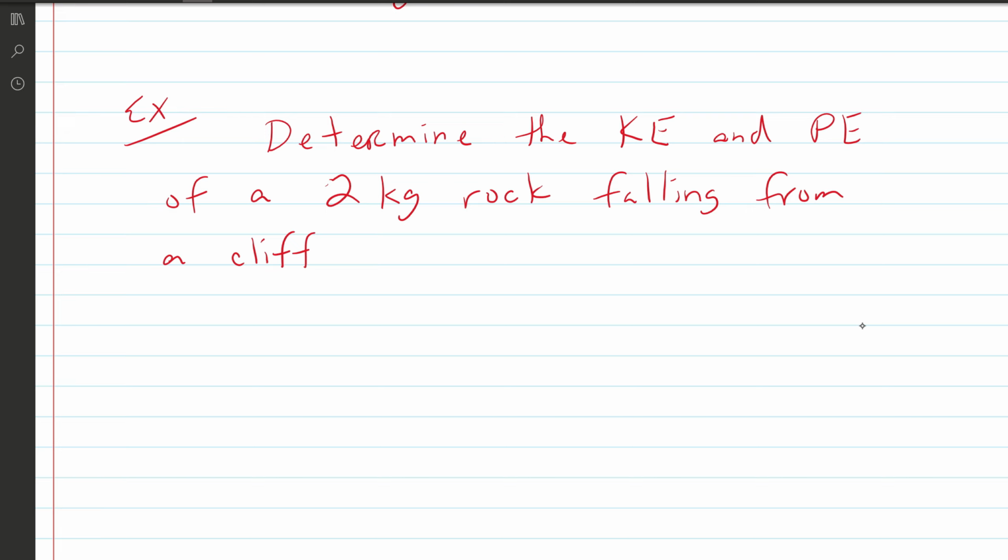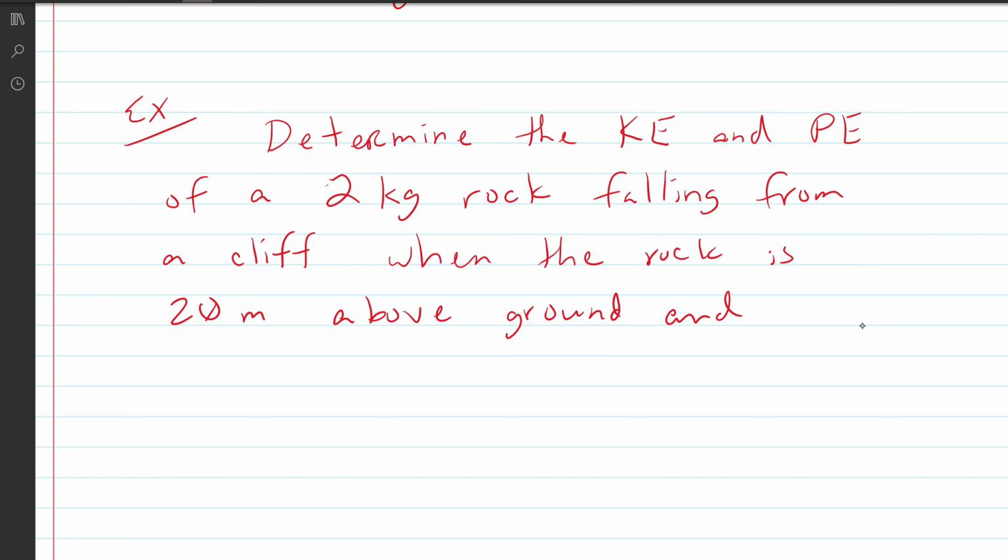Let's say when the rock is 20 meters above the ground. So the rock is 20 meters above the ground. And then we'll also give more information and say that it's traveling at 15 meters per second.